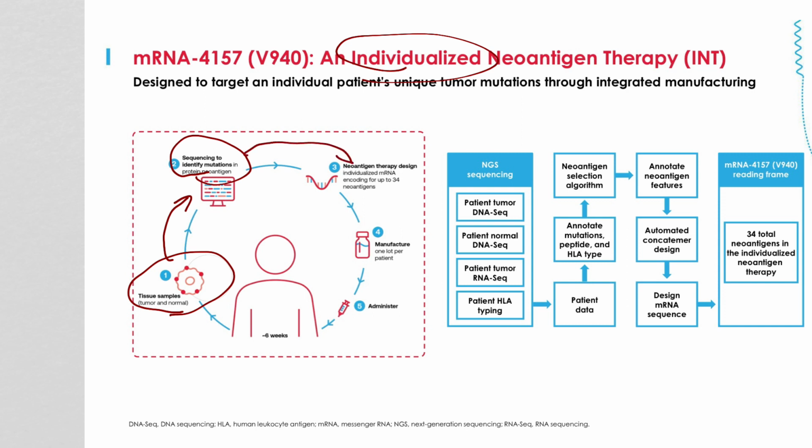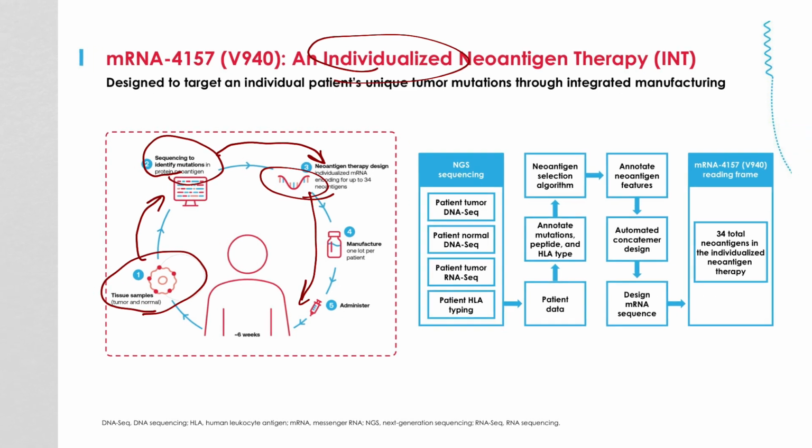They take those hits and turn that neoantigen into an RNA that can be administered to the person, hoping that they produce the protein which stimulates the immune system to go throughout the body and find the tumor, wherever that antigen is present.